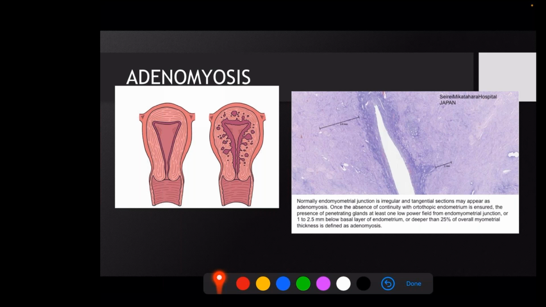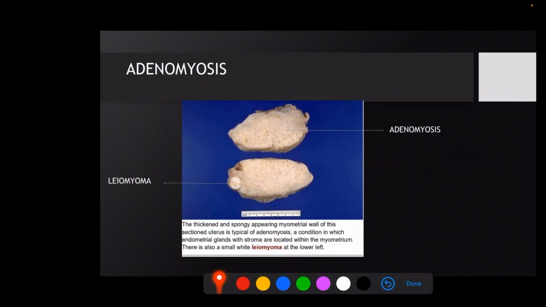Usually the age is above 40 years, multipara, delivered more than once, and the main symptoms are severe dysmenorrhea and menorrhagia. On palpation you will find the uterus uniformly enlarged, usually less than 14 week size and just palpable abdominally. Here you can see a section of the wall of the uterus with adenomyosis, and this structure is a leiomyoma or fibroid.